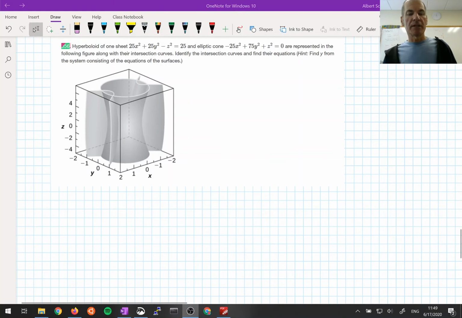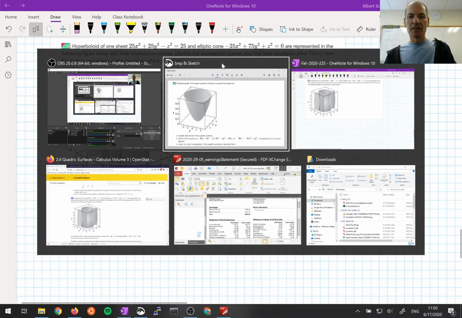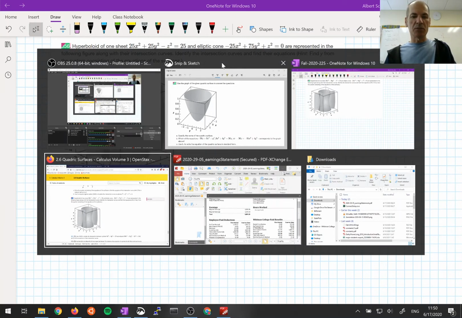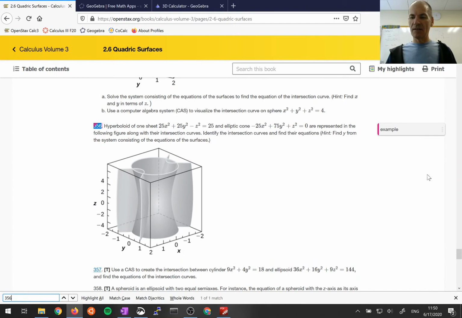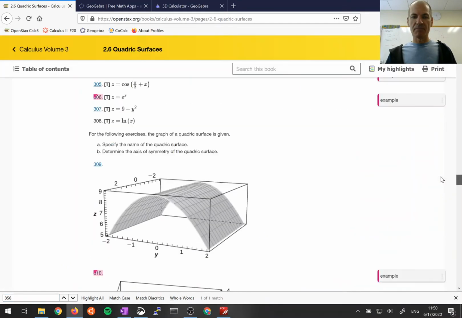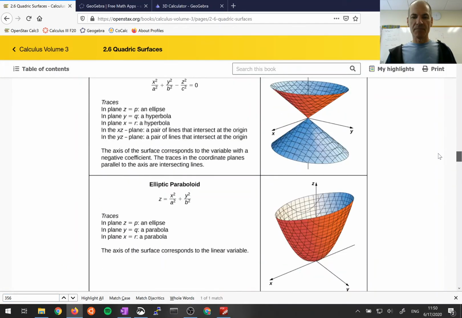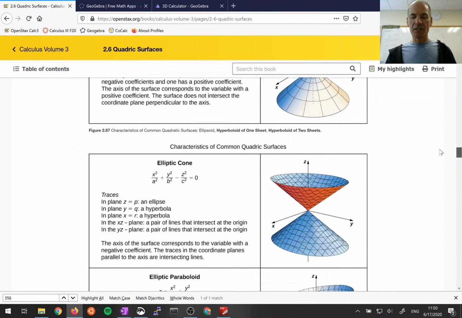Just before we continue, I want to make sure that you're clear that this piece right here is the elliptic cone, and this piece right here that looks like, say, a nuclear cooling tower in a nuclear plant, that's the hyperboloid. This might not look like an elliptic cone. If you go back and look at what elliptic cones look like on the zoo, there's the elliptic cone.